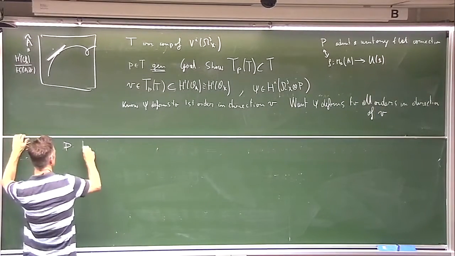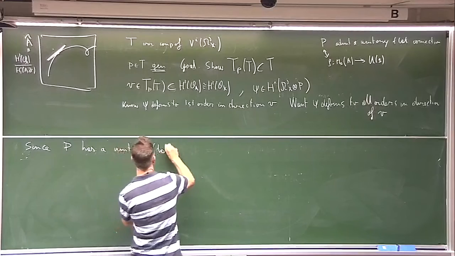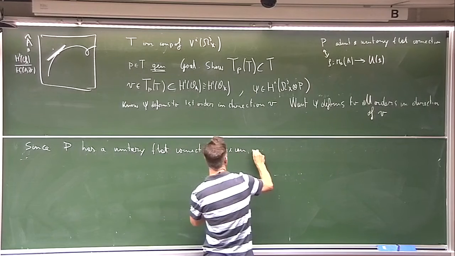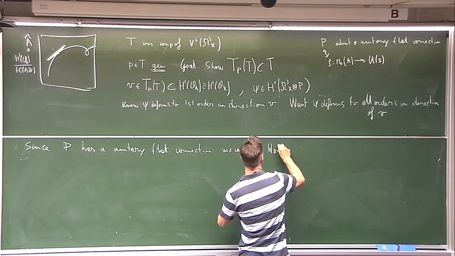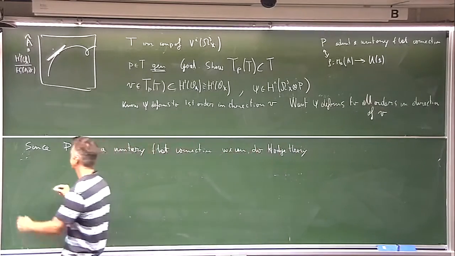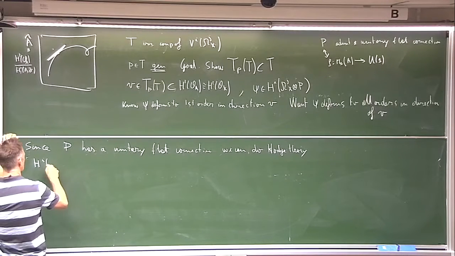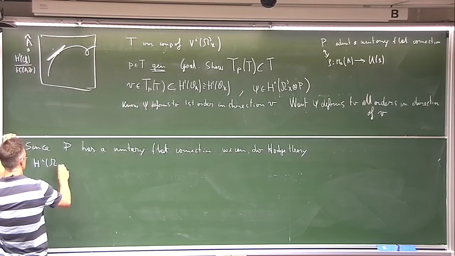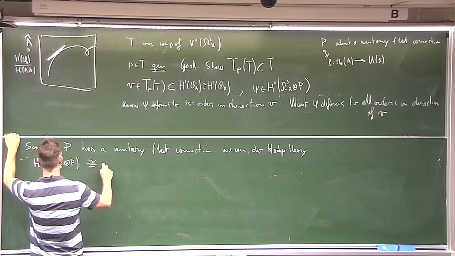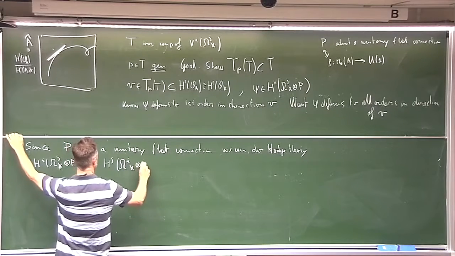Since P has a unitary flat connection, we can do, in particular, you have statements like: under complex conjugation, you can identify H^I(Ω^J(X) ⊗ P) as complex conjugate to H^J(Ω^I(X) ⊗ P dual).